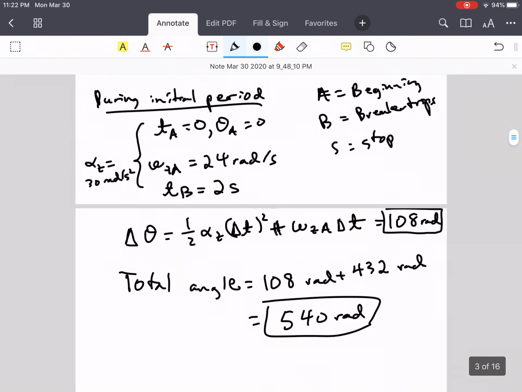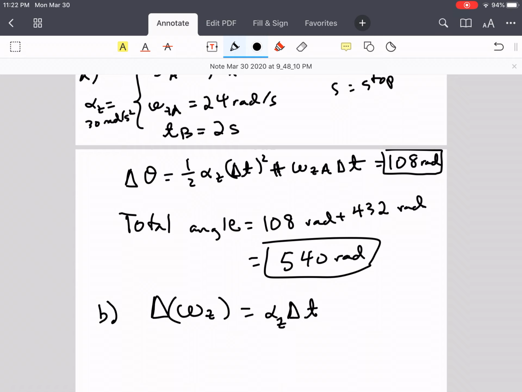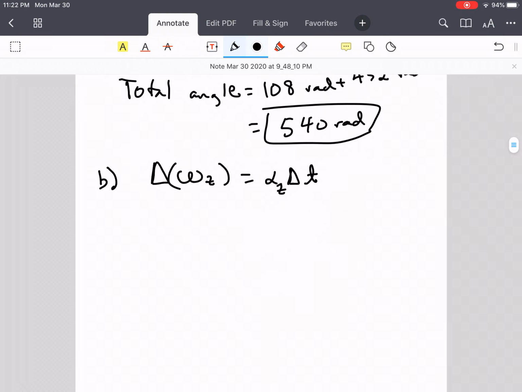Again, using the same piece of information as part A. During this initial period from time A to time B, I also have that delta omega z is equal to alpha delta t. I know delta t is 2 seconds. I know alpha is 30 radians per second squared. And now that's going to let me solve for omega b.